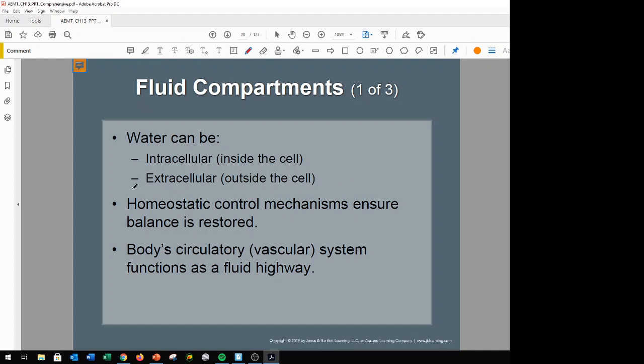There's mechanisms in place by the body called homeostatic controls, just like homeostasis, to ensure that balance is restored. And your body's circulatory vascular system functions as a fluid highway. I'll show you that.